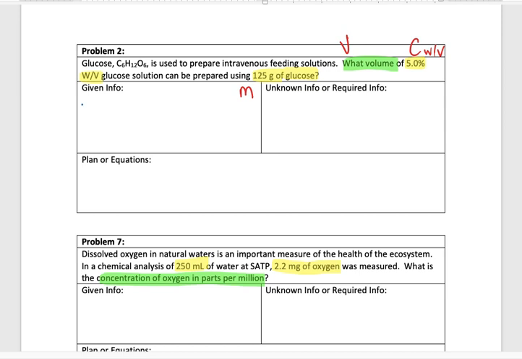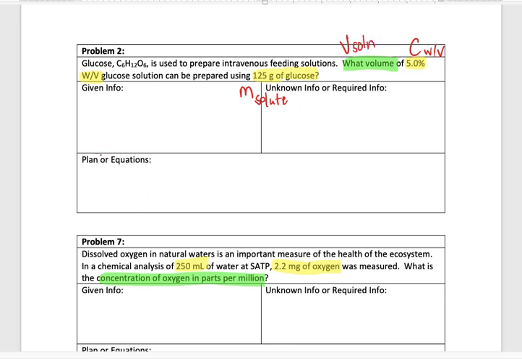Basically we know the concentration already, we know what mass we're dumping in, and so we're just trying to figure out what kind of volume we end up with. So this is the mass of the solute. This is the volume of the solution.